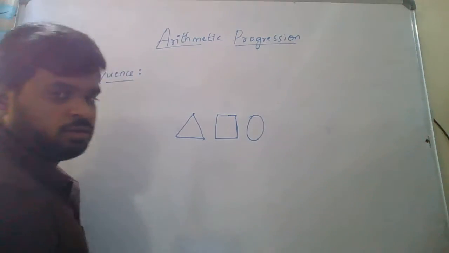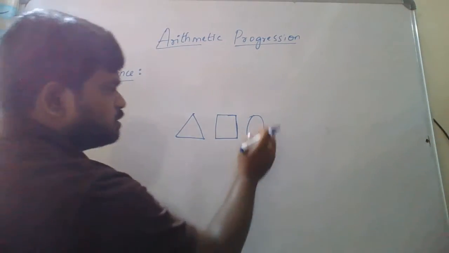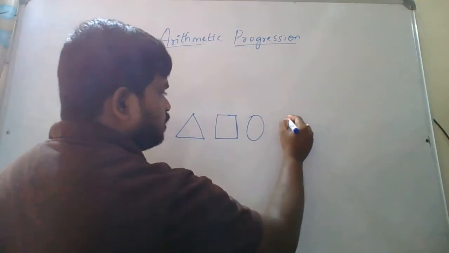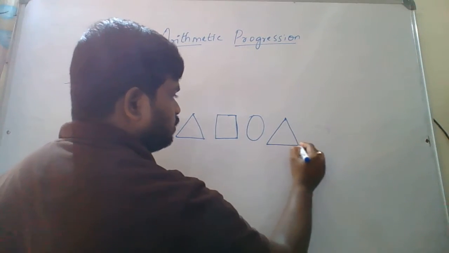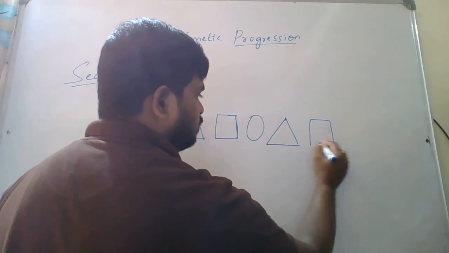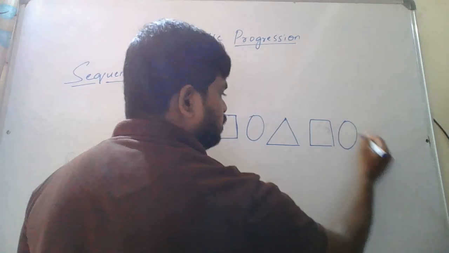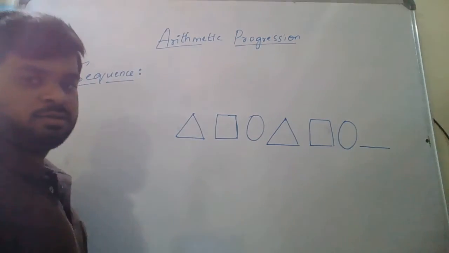Okay, just take it, this is not a perfect circle, just assume it is a circle, then a triangle, then a square, then a circle. What does come next?